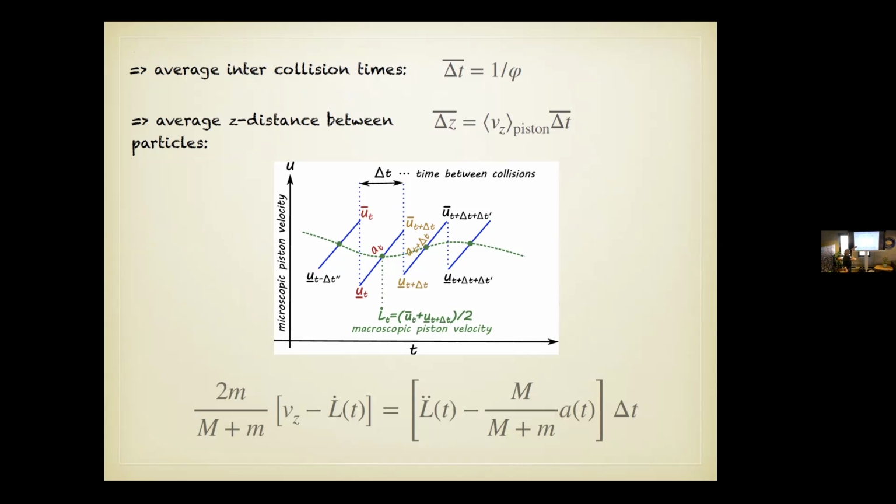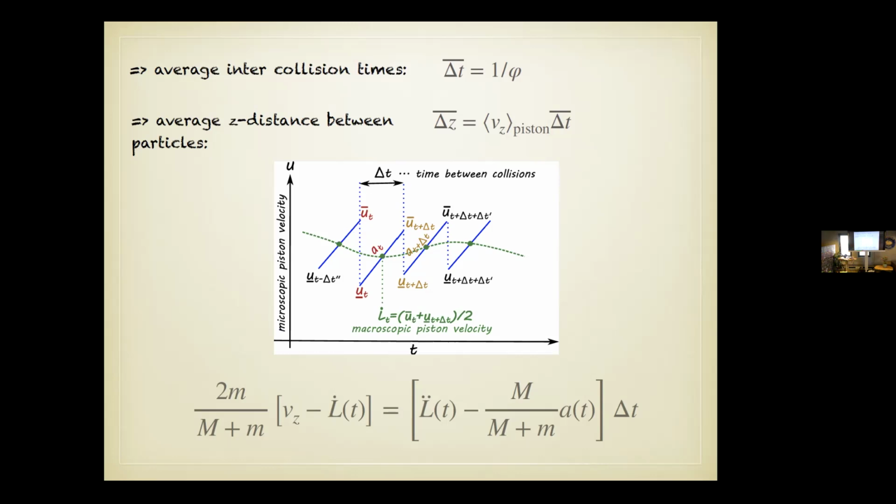Okay. If we now put in the earlier calculations, we know that the expected inter-collision time delta t is given by this integral, 1 over phi from before. Then we can also compute the average distance between particles colliding with the piston.